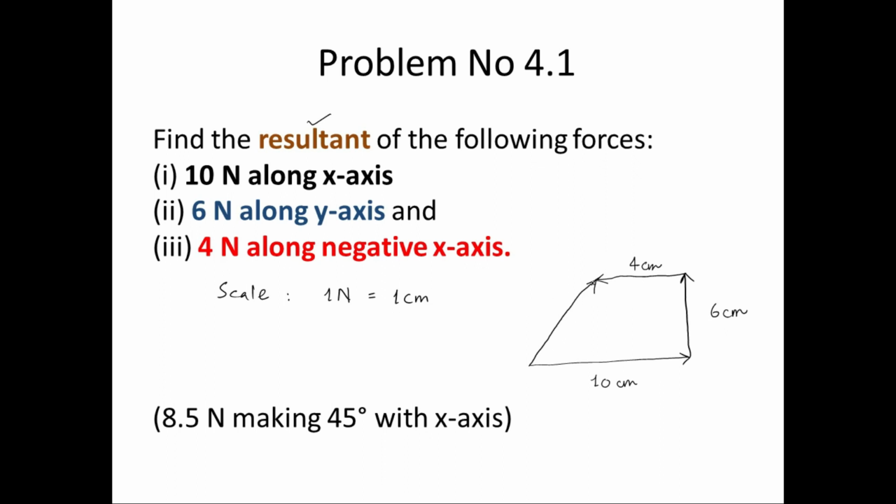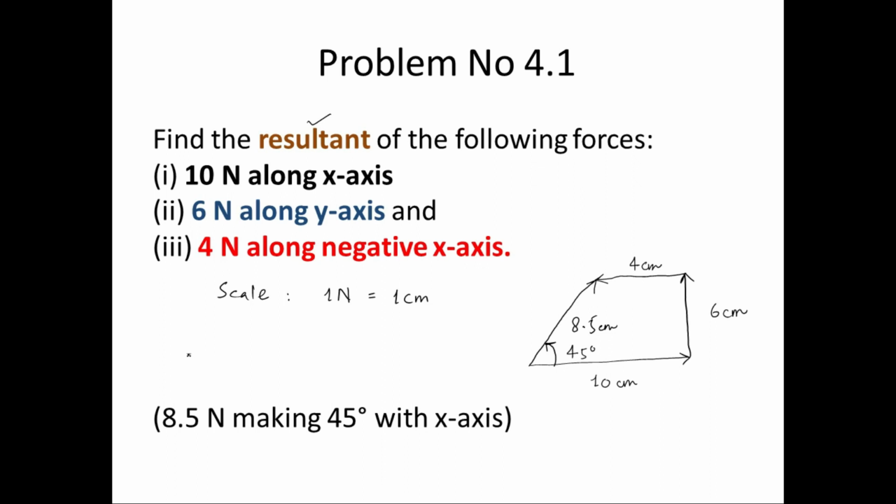By measuring this length with the help of ruler, we will find it is equals to 8.5 centimeter. And by using protractor, we can measure the angle with the positive x-axis. This angle is equals to 45 degrees. Now, as we mentioned in our scale, the 1 centimeter is equals to 1 Newton.